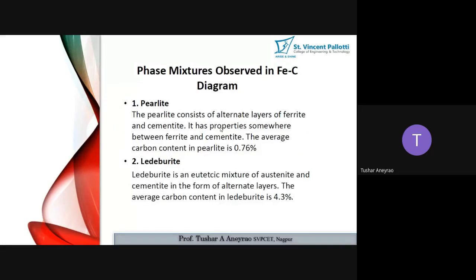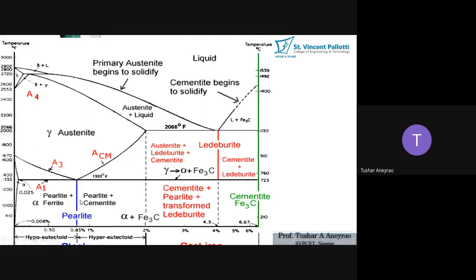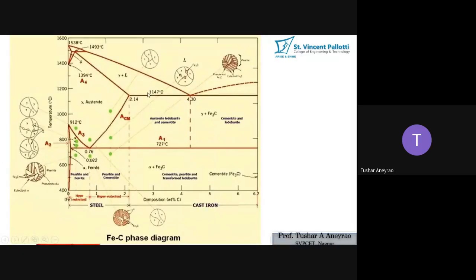So here it is written: phase mixtures observed in the Fe3C diagram. First is the pearlite, which is below 727 degrees centigrade, and another is the ledeburite, which is from 727 degrees centigrade to 1147 degrees centigrade, right?